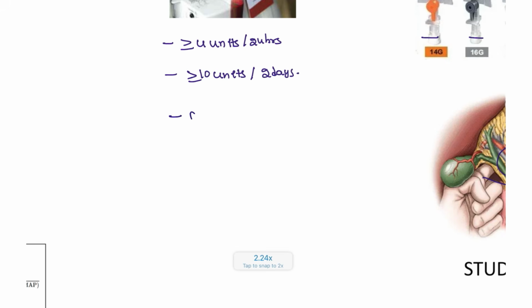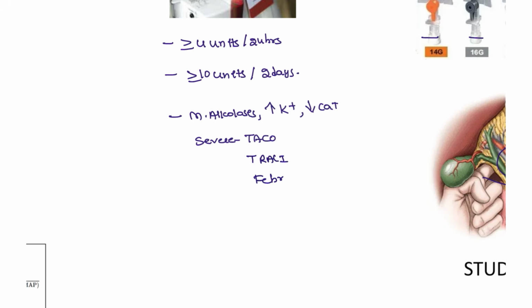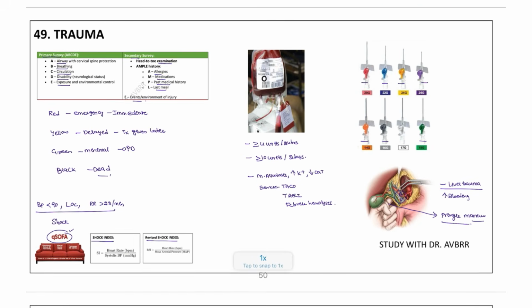It can cause metabolic alkalosis, increased potassium level, decreased calcium level, and it is going to cause severe complications such as TACO or TRALI and even febrile hemolysis. This can be detrimental for the patient. These are the important points.